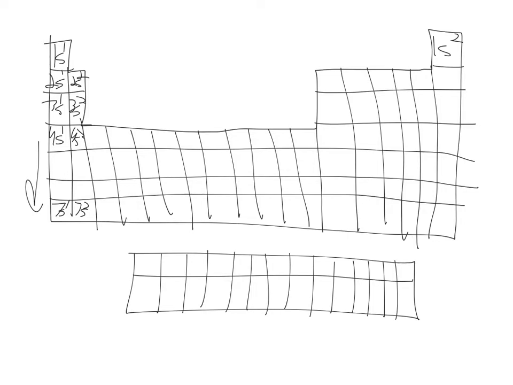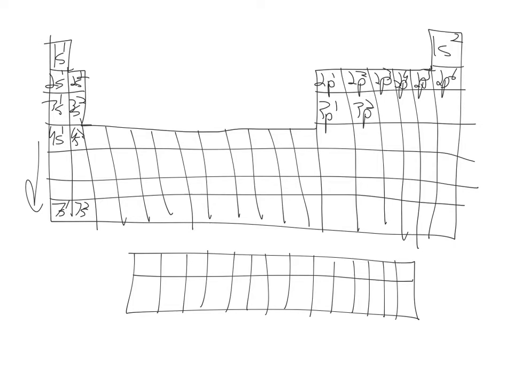So here we go over here. Boron, 2p1, then 2p2, 2p3, 2p4, 2p5, 2p6. And guess what this one is? 3p1, 3p2. All right, by now you've got the pattern.